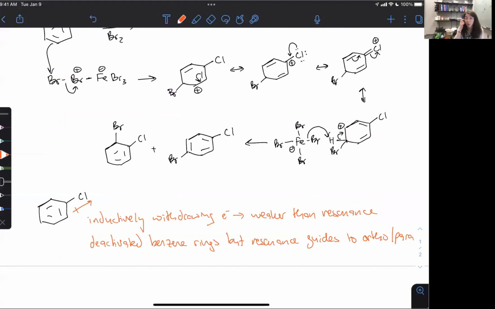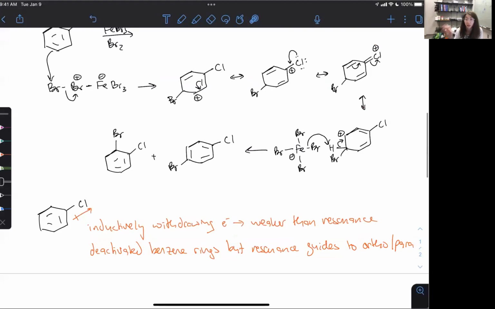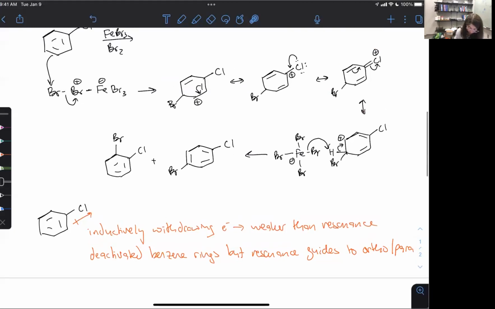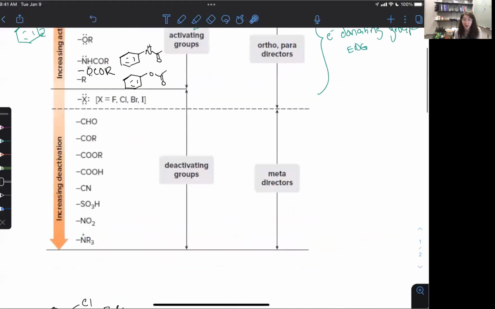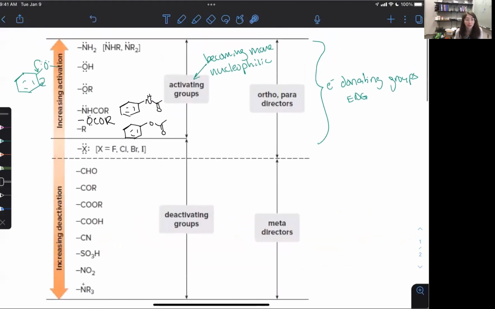Okay, so that's what we're seeing when we look at halogen. So it deactivates the ring, but the presence of that even minor bit of resonance structure is going to lead us to the ortho para products. But it'll be kind of slow in a lot of cases. Alrighty. Okay, so that's dealt with that one.